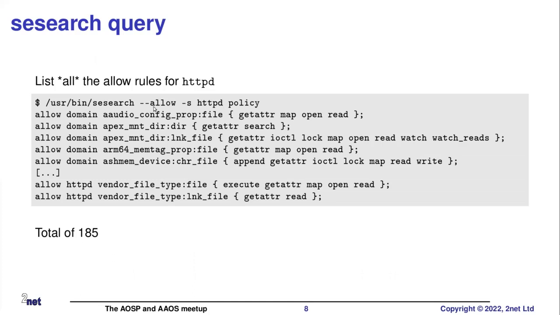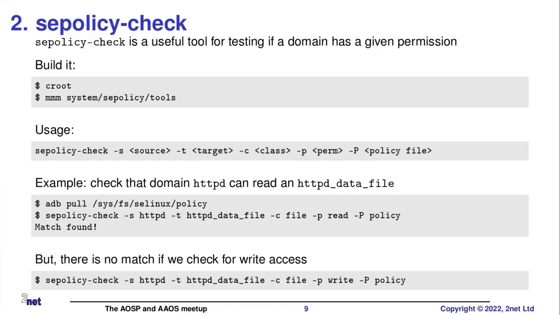So allow rule for source context HTTPD, and then just print out everything. This prints out an awful lot. I've printed the first few lines and the last few lines, but there are a total of 185 allow rules which can apply to HTTPD. So it turns out it can do a lot more than you thought it could. And I can go into more than that, but those are just two, I think, useful examples.